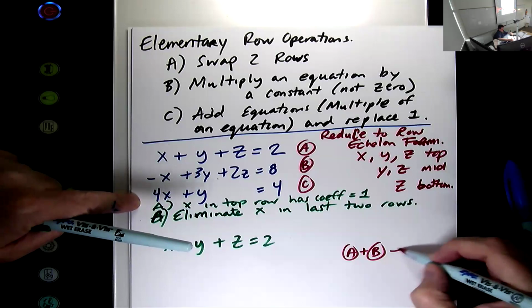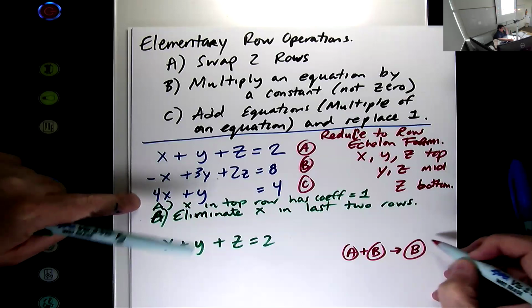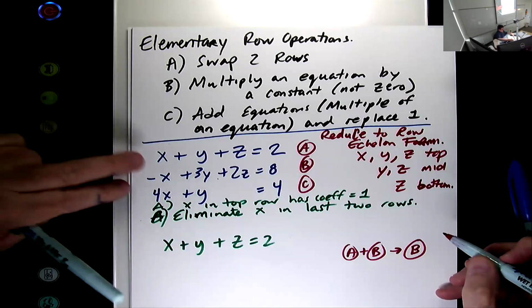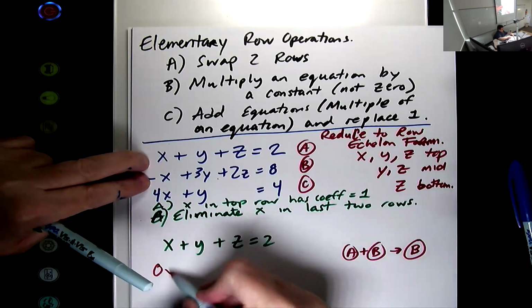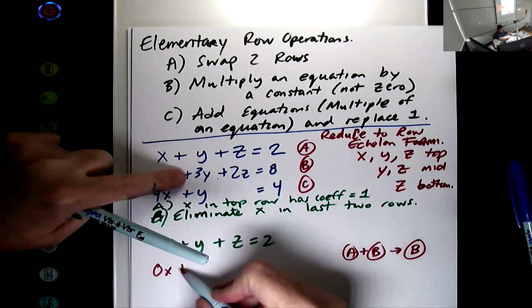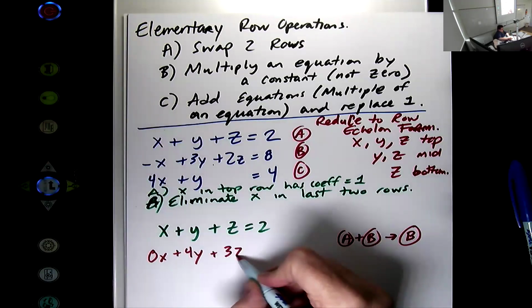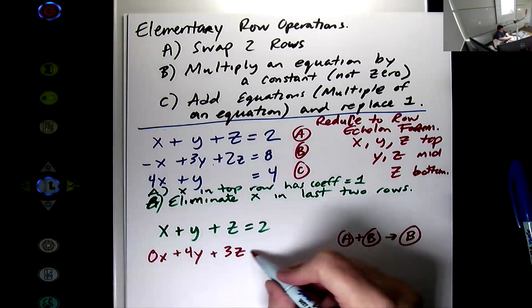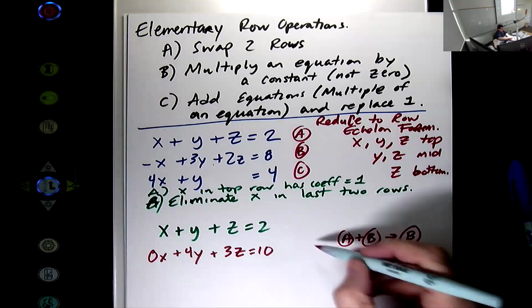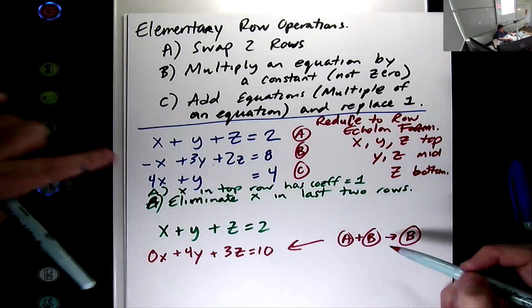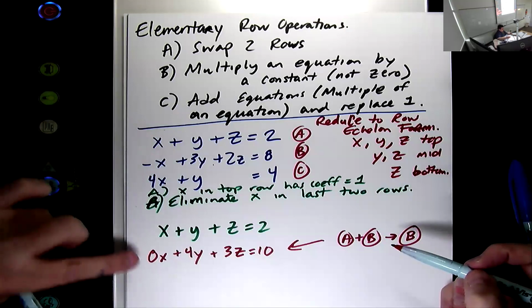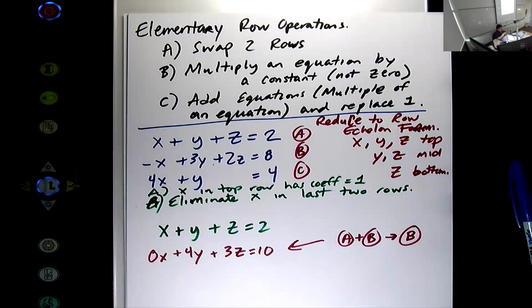So let's slot that into B when I do it. X minus X is 0X. Y plus 3Y is 4Y. Z plus 2Z is 3Z. 2 plus 8 equals 10. So that's what I did here. I added A and B together, and I replaced B with that new equation.